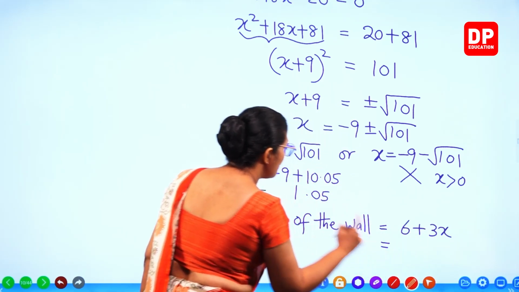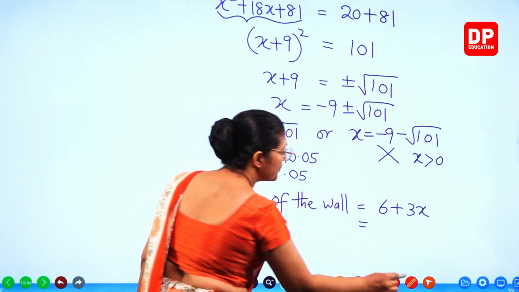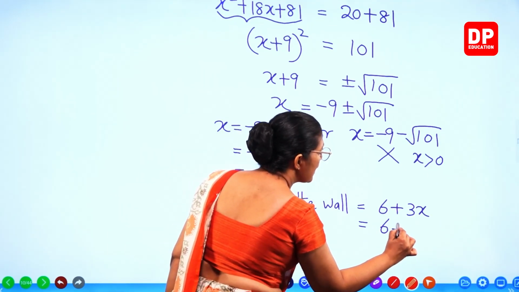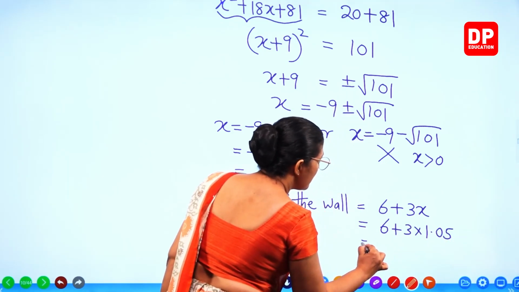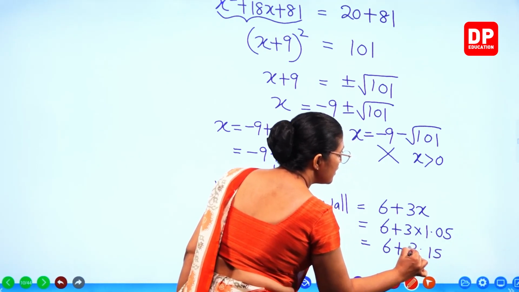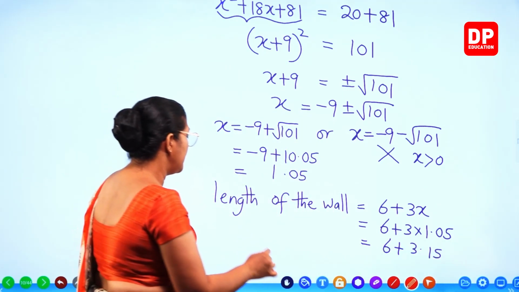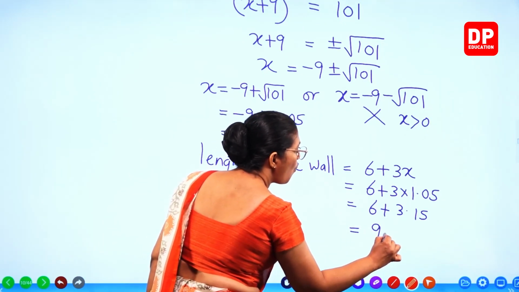We can substitute x as 1.05. 3 times 1.05, so you get 6 plus 3.15. So altogether, this is 9.15.